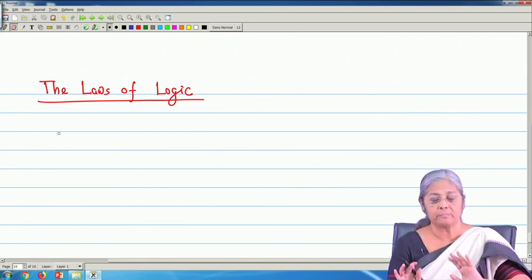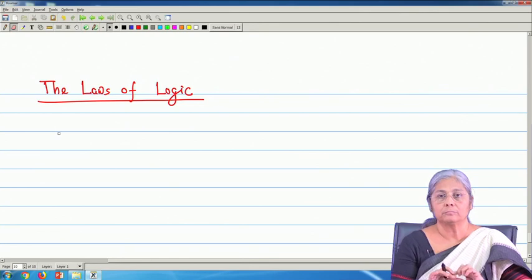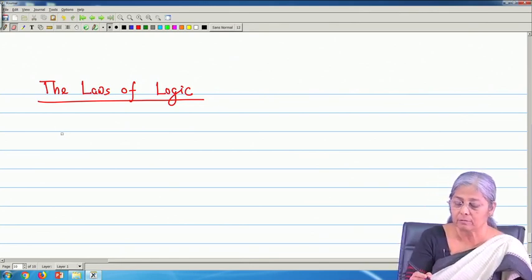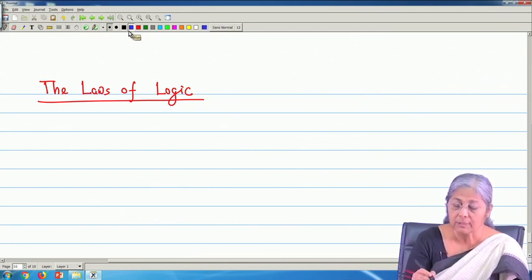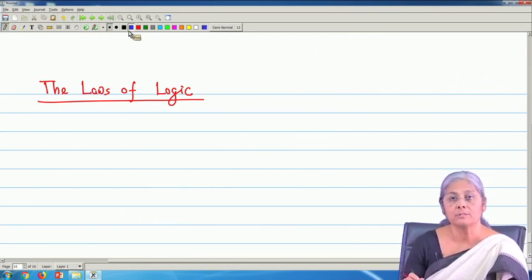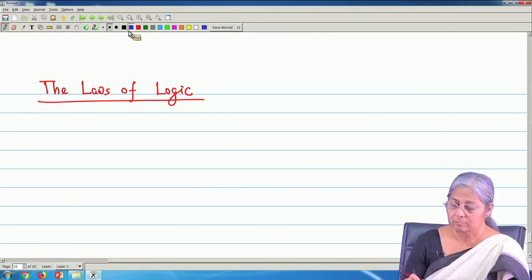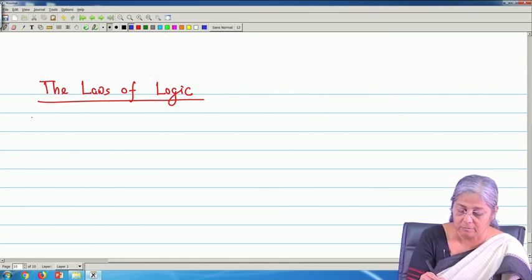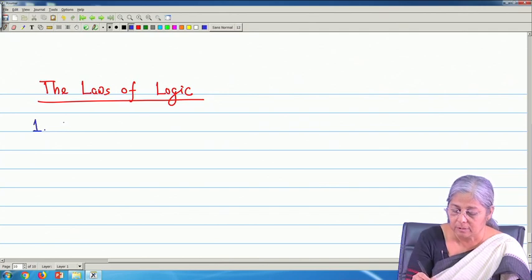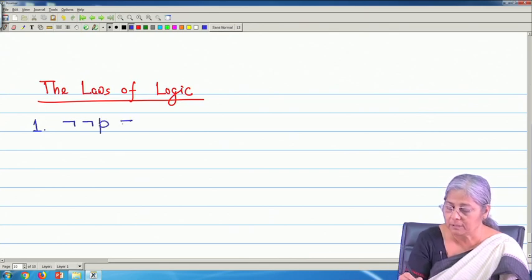First we see the very primitive law, which is double negation. Since we know De Morgan's law, how to negate one compound statement, we read that negation of negation P is equivalent to P itself.